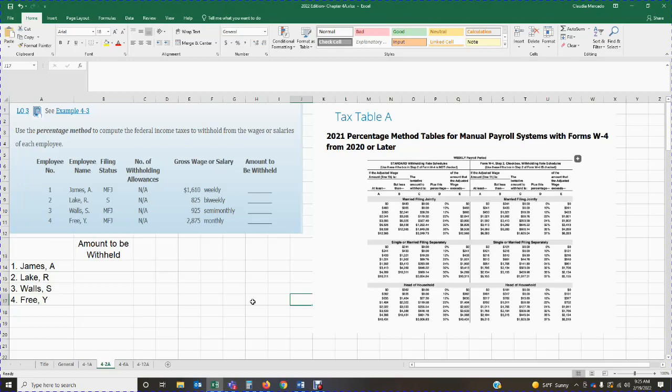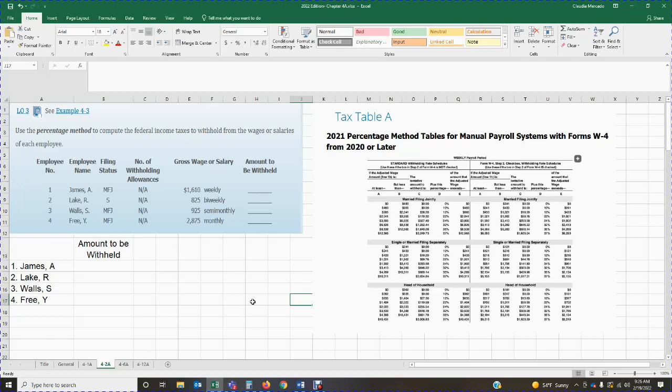When we do the federal income tax withholding, the employer selects the withholding method that they're going to be using. Employers usually either select the percentage method or the wage bracket method. Both of the methods distinguish between married and unmarried individuals, and both methods provide the full benefit of the information on Form W-4.